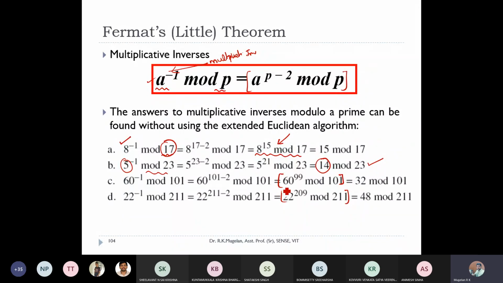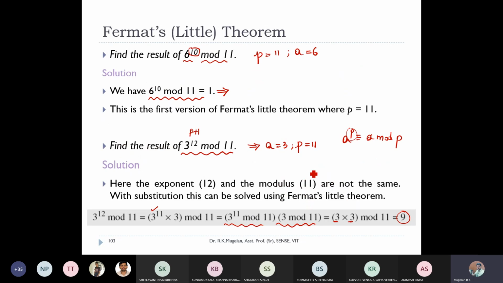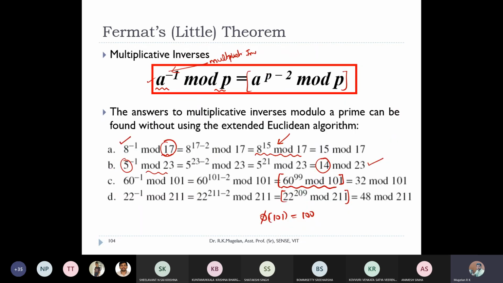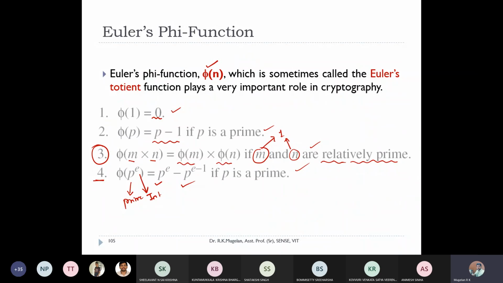Here, if you apply it to 60 power 99 mod 101, phi of 101 is simply 100, so you can go with it. But in the case of 211, you'll get 210, and again I have one shortage. At this time, you can go with Fermat's theorem, and if not, there is a method we will discuss in the upcoming classes. I was asking whether you know any method for this one. No one responded.